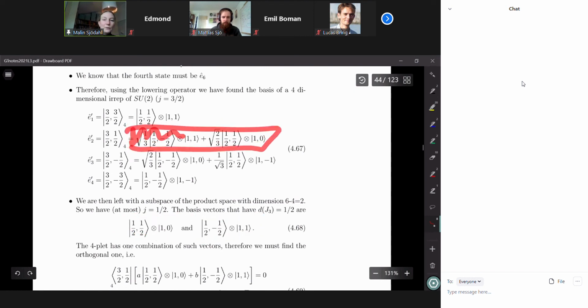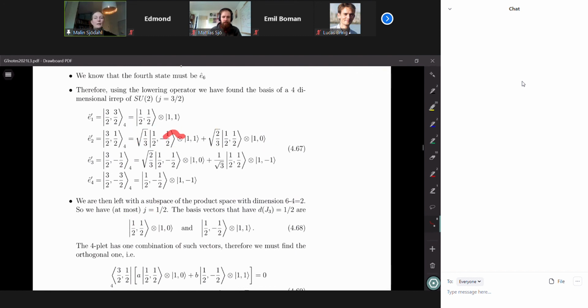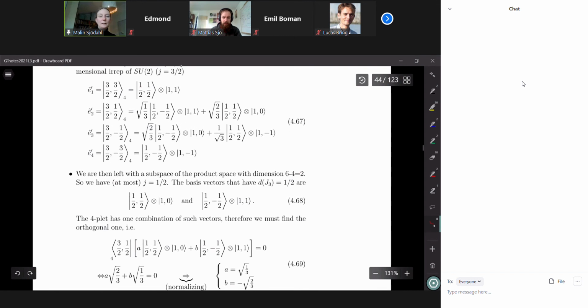That's orthogonal to this. So now we are calculating the scalar product between this state here and some linear combination of this vector and this vector. So A times this vector and B times this vector.